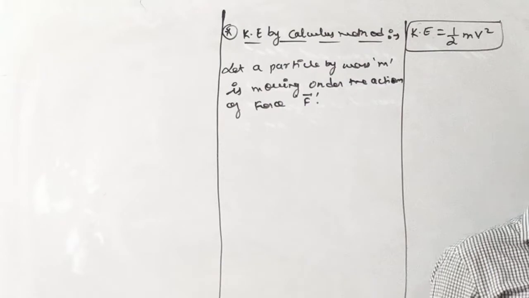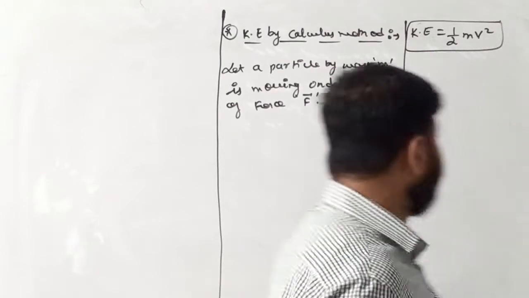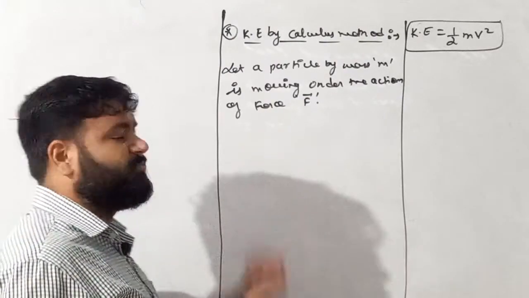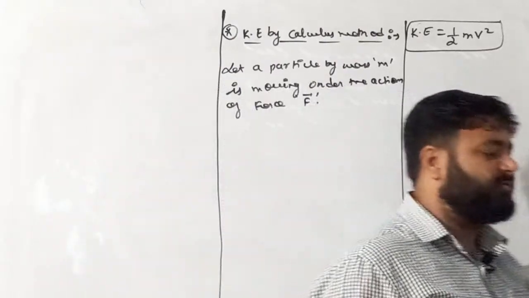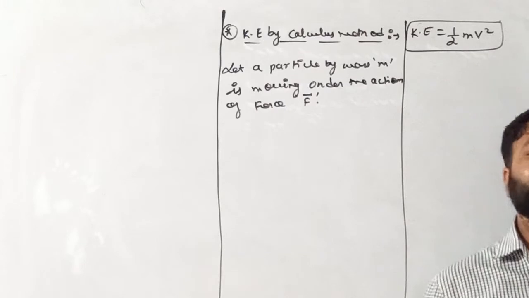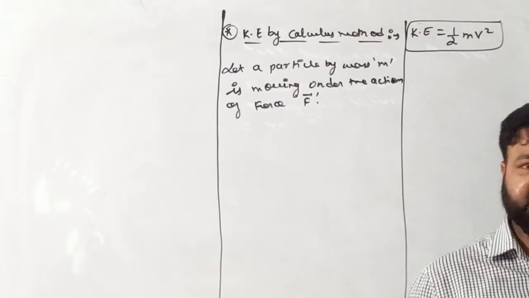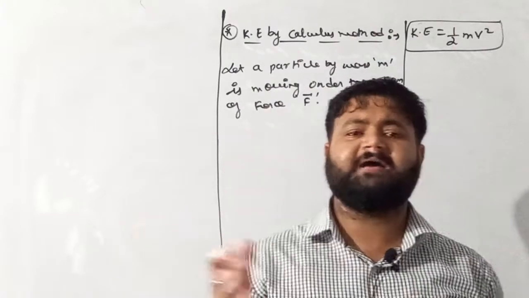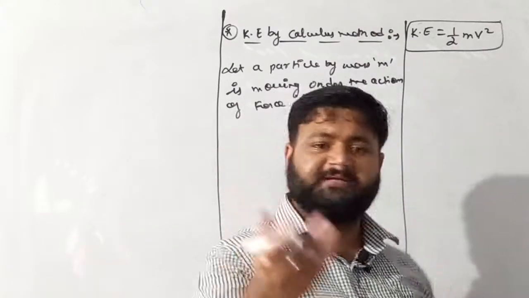So, my dear student, we have a particle whose mass is m and it is moving under the action of a force F vector. The applied force is F vector and the particle is moving. If the particle is moving, then it covers some displacement.